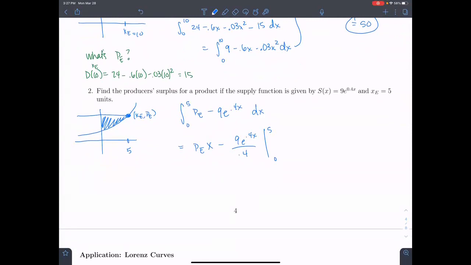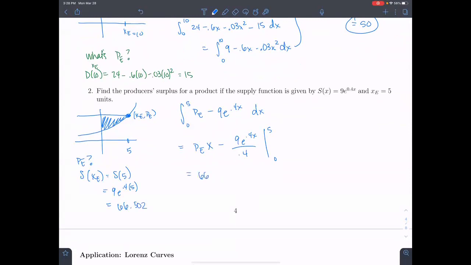Okay, I need to figure out what P sub E is. So I'm going to do S of X sub E, which is 5. So I have 9 times e to the 0.4 times 5, which is 66.502.